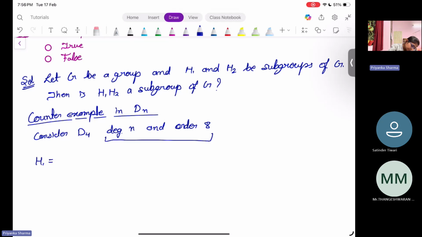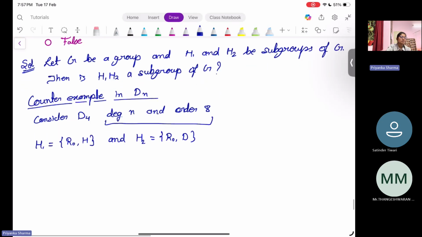Consider this, say H1 is {R0, H}, where R0 is the rotation by 0 degrees and H is the reflection about the horizontal line, and H2 is {R0, D}, where D is the reflection about the diagonal.